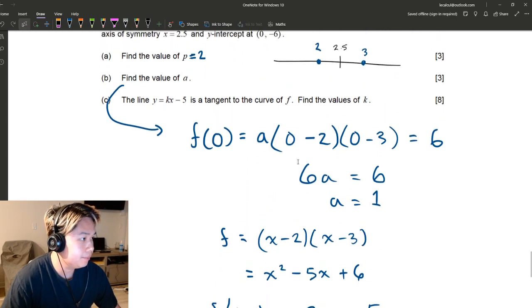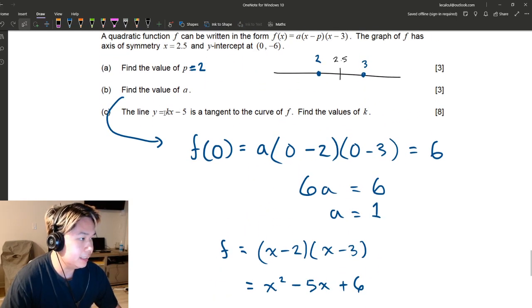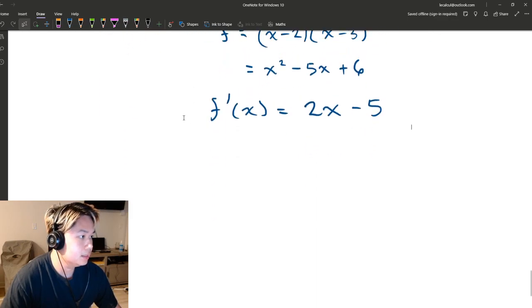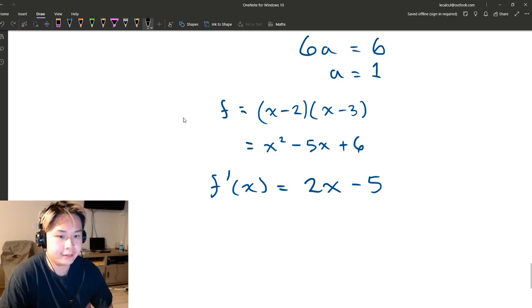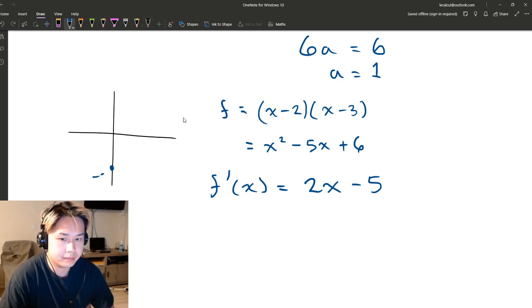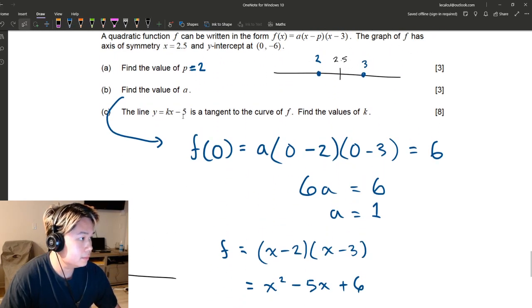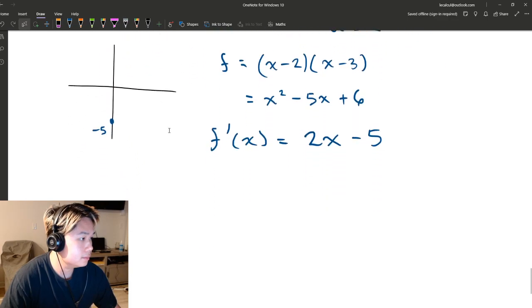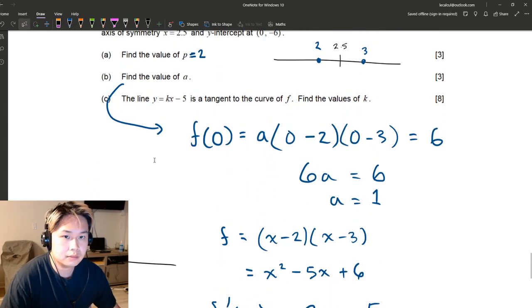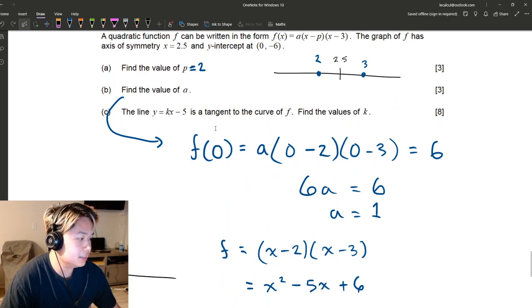Okay, now, this is the line, y equals kx minus 5. This is in slope-intercept form. So I know that this graph, or this tangent line, needs to go through -5. So in other words, and then again, this line is tangent to this curve.